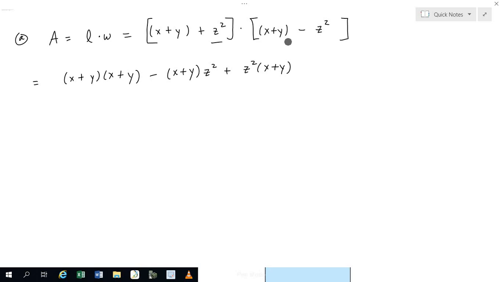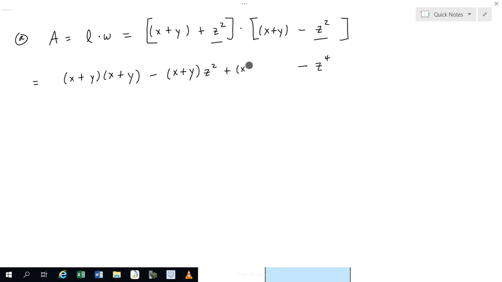All right, and then last would be this times this. Notice you're going to get a negative because it's a positive times a negative. So it's negative, and then z squared times z squared, you add exponents, and it's going to be z to the fourth. Then let's switch the order here, since the order in which you multiply doesn't matter.